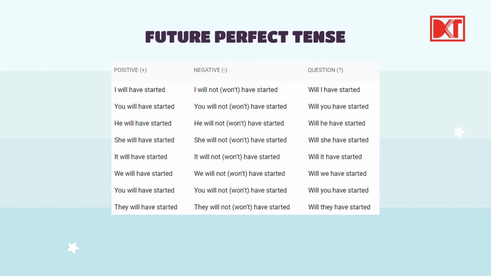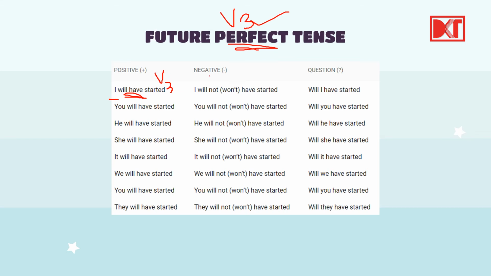Here we have future perfect tense. How is it used? In the first person, second person and third person, positive, negative and questions. Like the subject, then we have will have and the V3 form. Okay. In any perfect category, we always have the V3 form. Right.